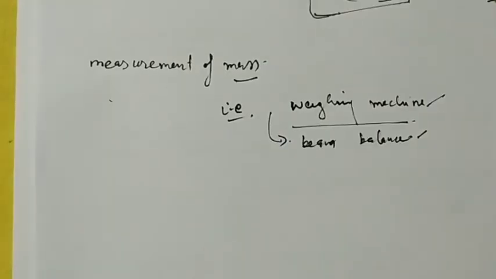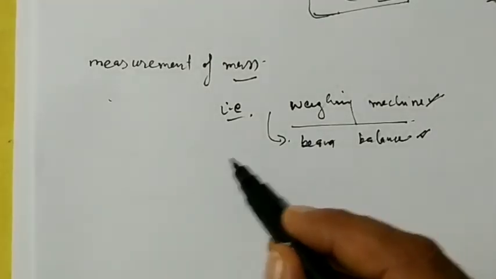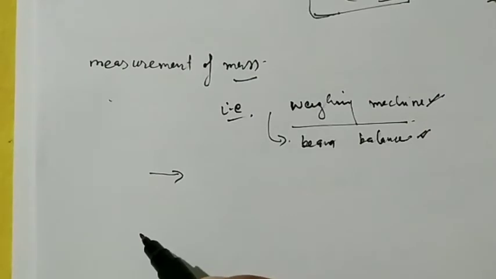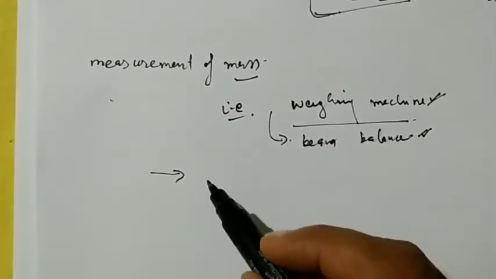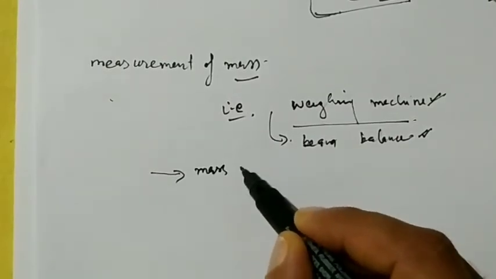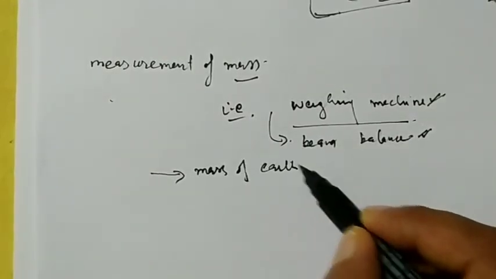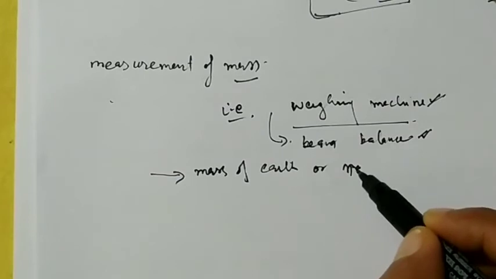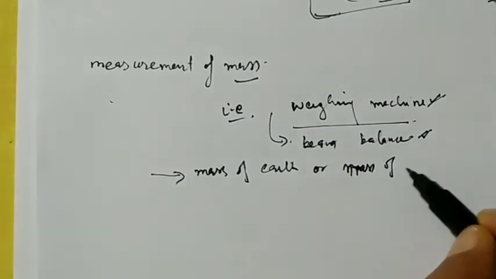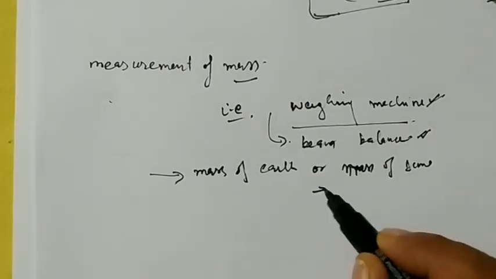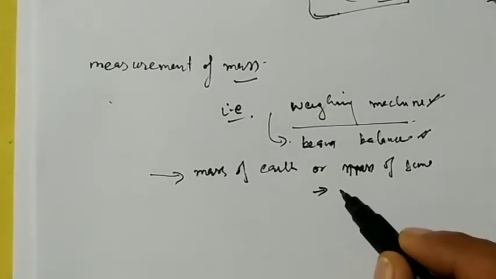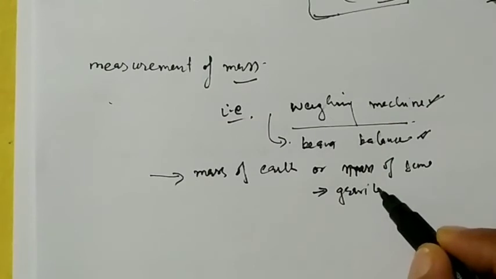Now the measurement of mass. Mass is measured with the help of a weighing machine or beam balance. If you want to measure a very large mass, that is the mass of the earth or the mass of the sun, we use an indirect method, that is the gravitational law.